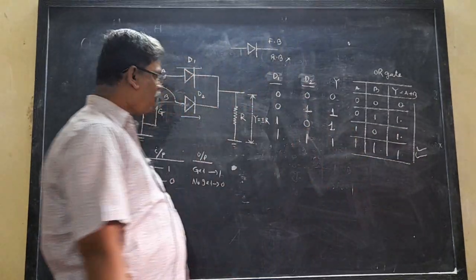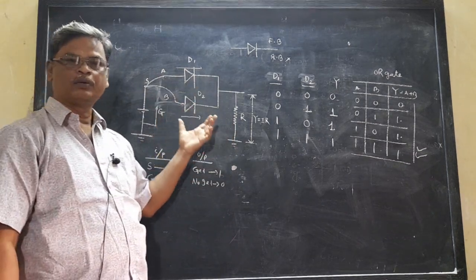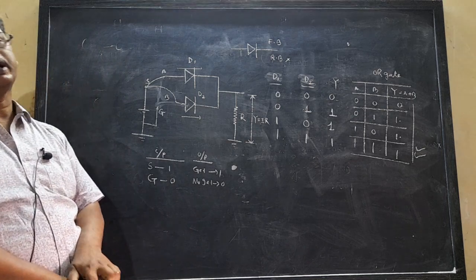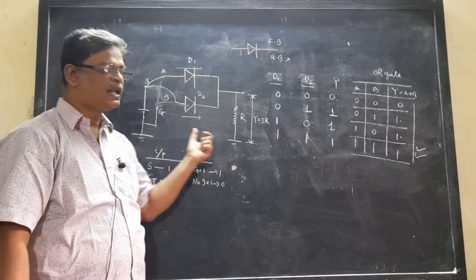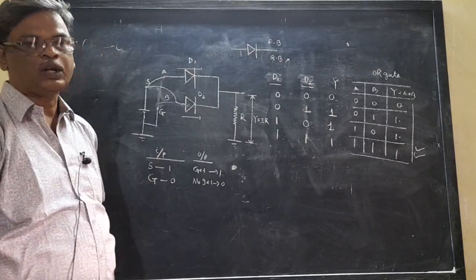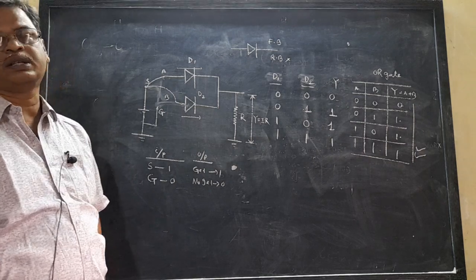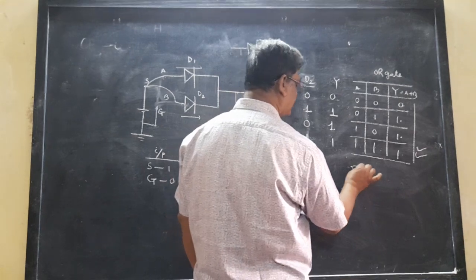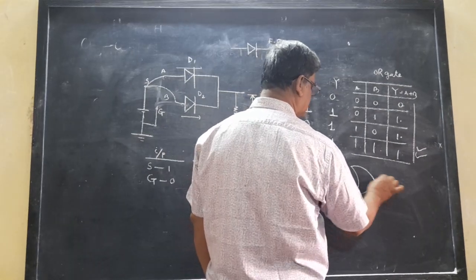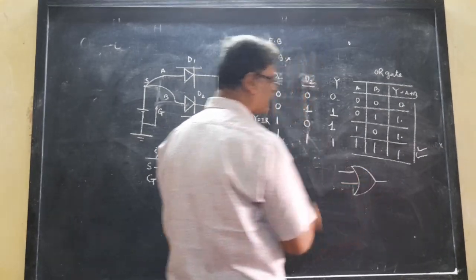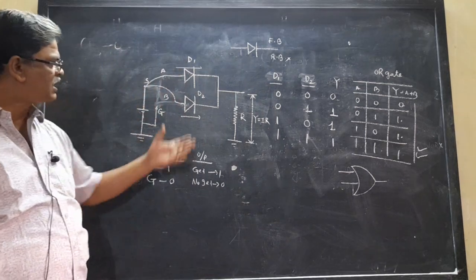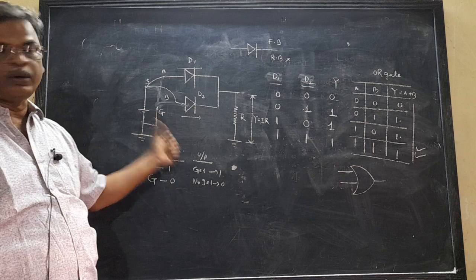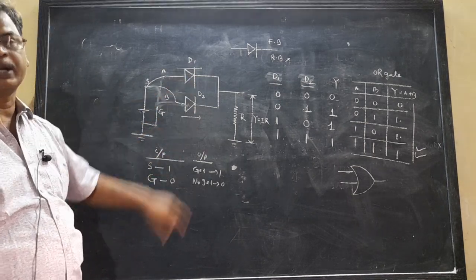So the working of this circuit is equivalent to an OR gate. Therefore it is an equivalent electronic circuit of an OR gate. This is the symbol of the OR gate. It is an electronic circuit because there is a semiconductor.